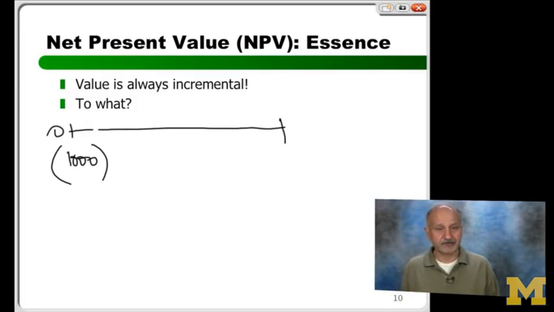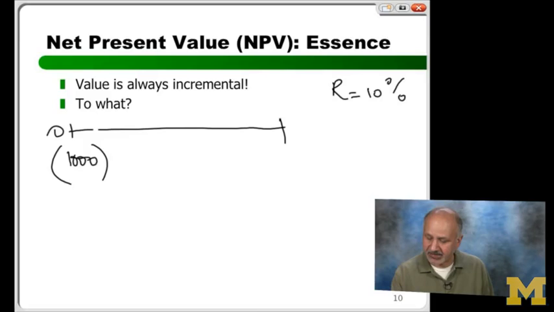What is the option? The option is clearly very simple. Your idea is being practiced elsewhere. So the R of 10%, as I said, is what is gotten on, say, a similar or a competitive idea that exists.